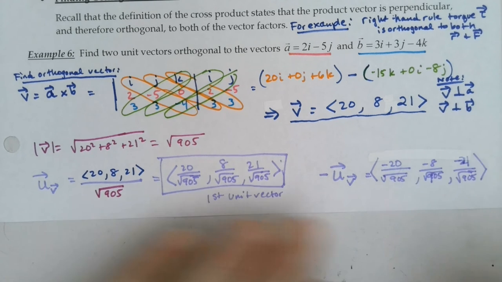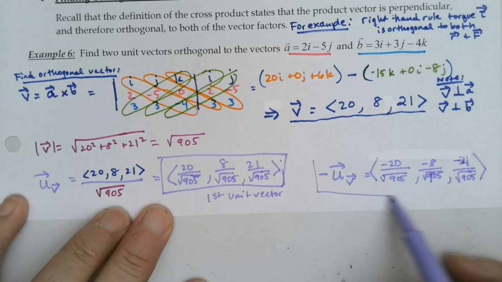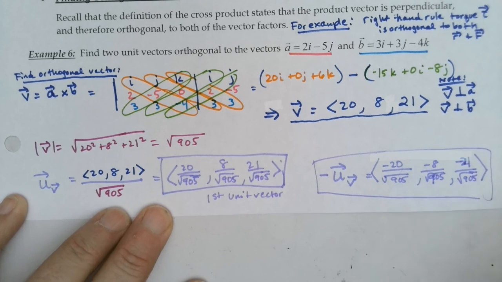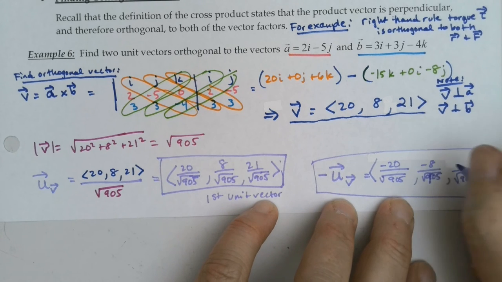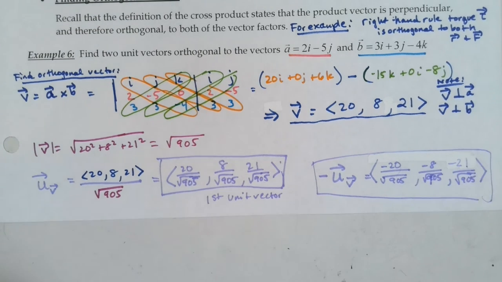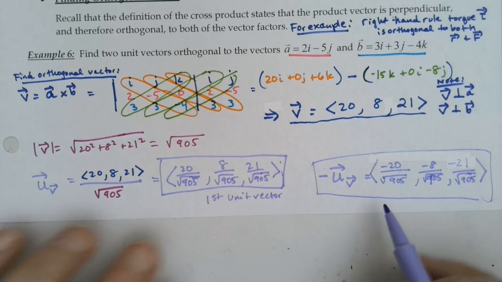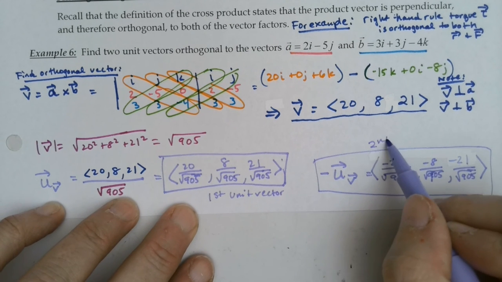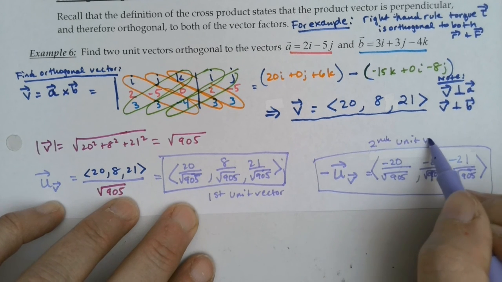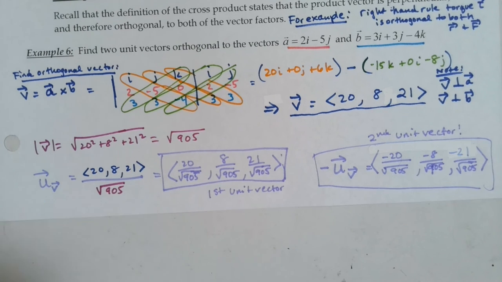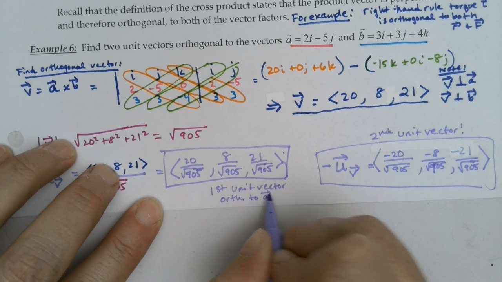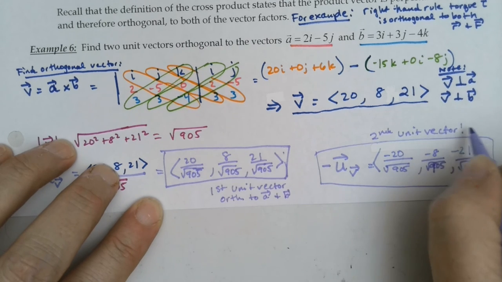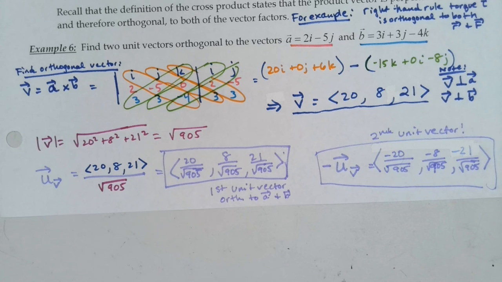That's two unit vectors. Oh, my 21 looks like a 4. I'm sorry about that. Here, let me erase that. Negative 21. There you go. There's your second unit vector that is orthogonal to A and B. And so is this one. And you're done.